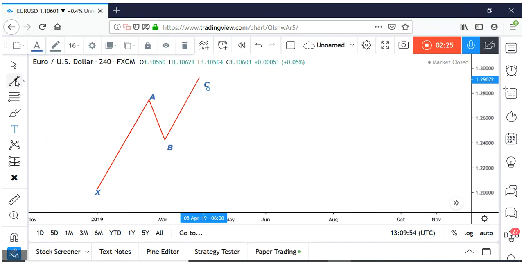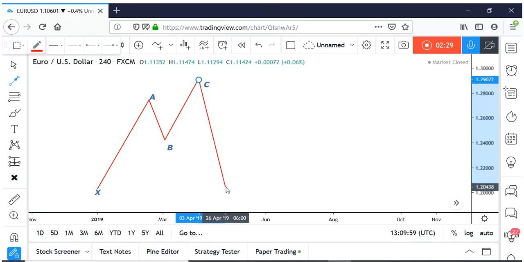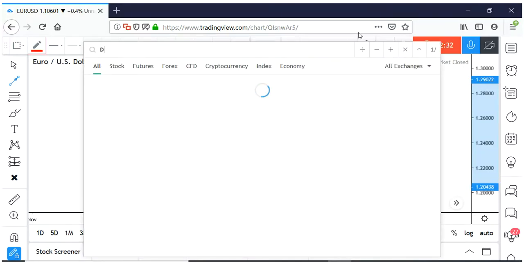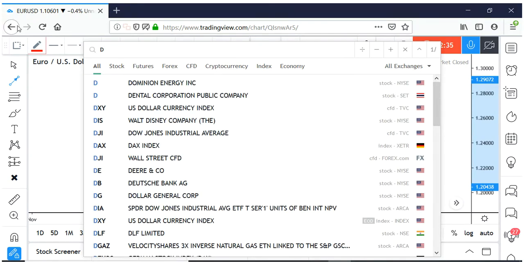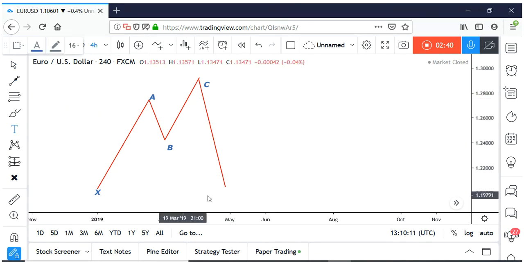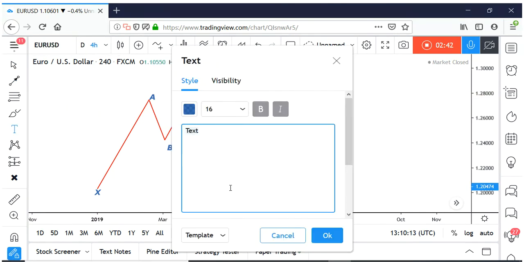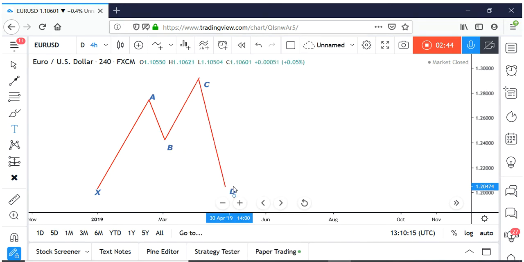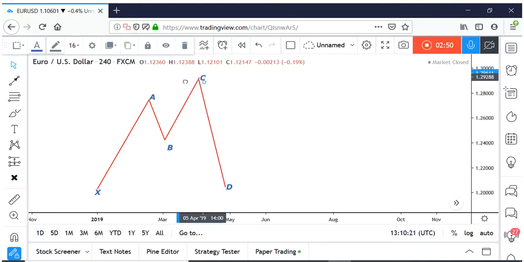And then we need another leg down, and this is our D leg. So we've got D there, we've got C, and we've got our B there.